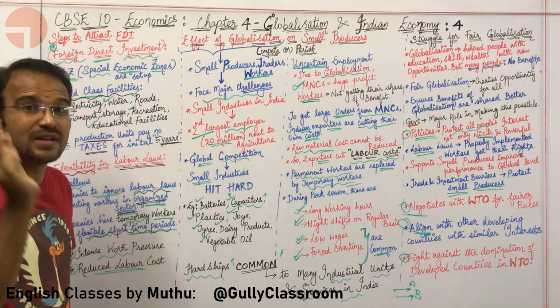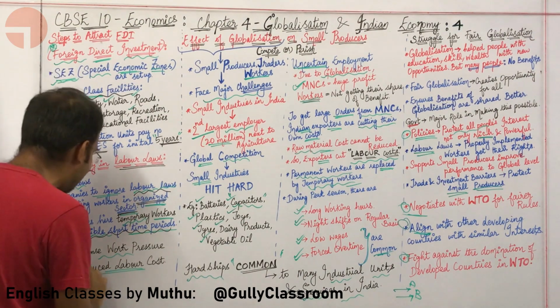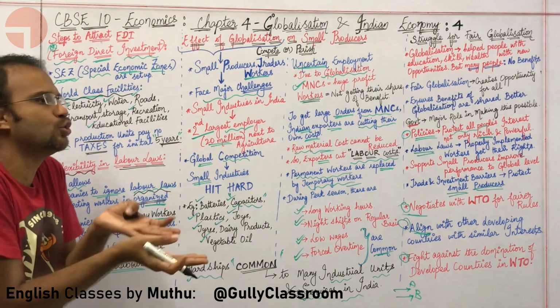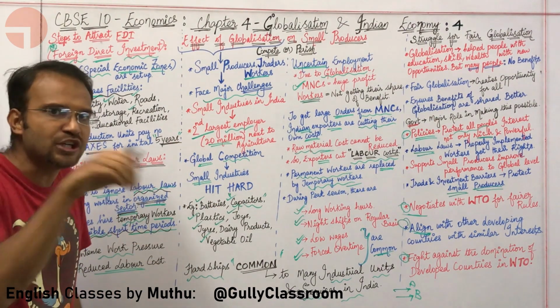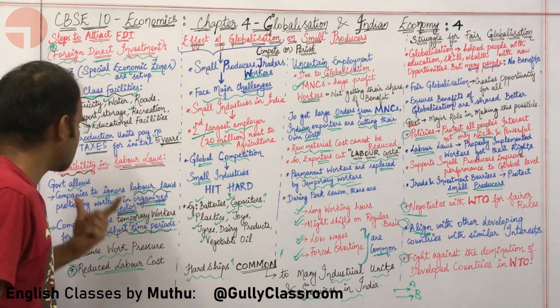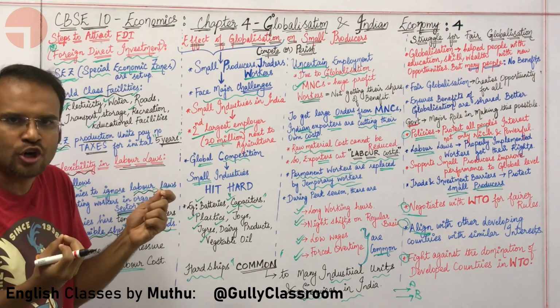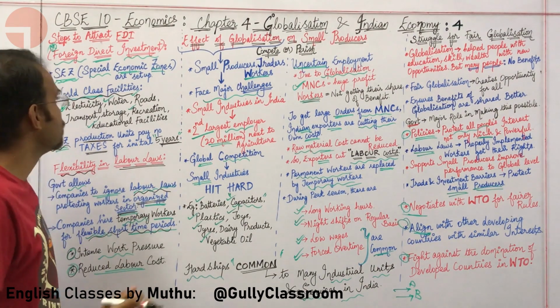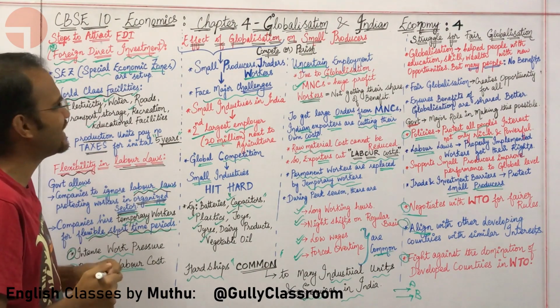Why, sir? Because temporary workers can handle intense pressure at reduced labor costs. They want to reduce the money spent on producing the goods. They want to bring the labor costs down. So the government is allowing the organized sector to ignore labor laws. So this is how the government is attracting the MNCs.